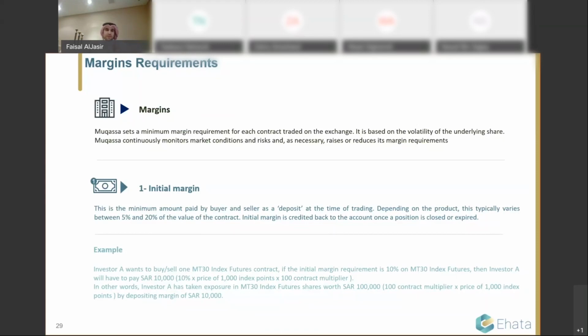And initial margin, again, the concept of initial margin is very important, as we explained here more than once. It is basically the minimum amount paid by the buyer or seller as a deposit at the time of trading. Depending on the product, it would typically vary between 5% and 20%, the initial margin you would need to put.